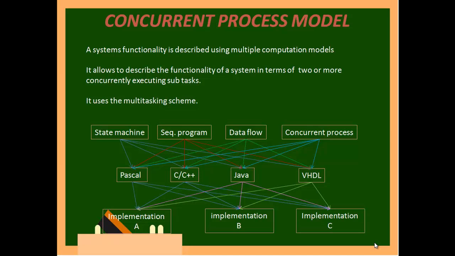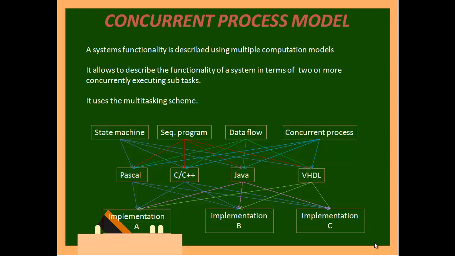When I want to have sequential, then state machine, then data flow, utilizing all of these is called the concurrent model. It allows you to describe the functionality of a system in terms of two or more concurrently executing subtasks. So at an instant you will have two or three running concurrently.